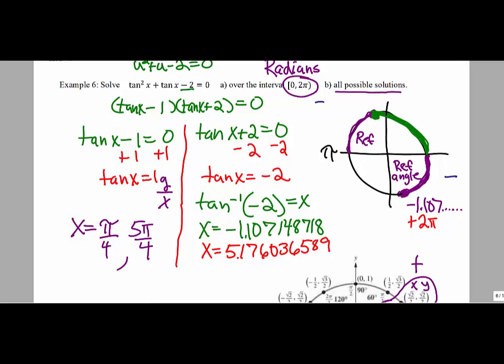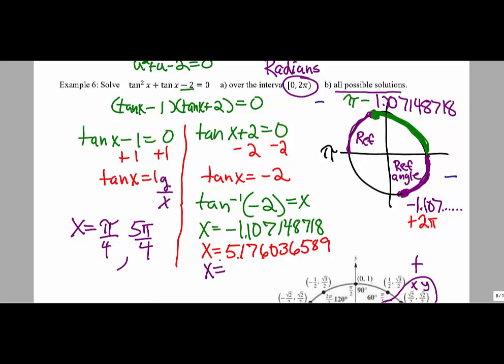So we're going to subtract from pi. So we're going to say pi minus that reference angle 1.107148718. So when you put that in your calculator, subtracting off that reference angle from pi, then we actually get this angle in green that we want, that quadrant 2 angle, that also has a tangent value of -2.